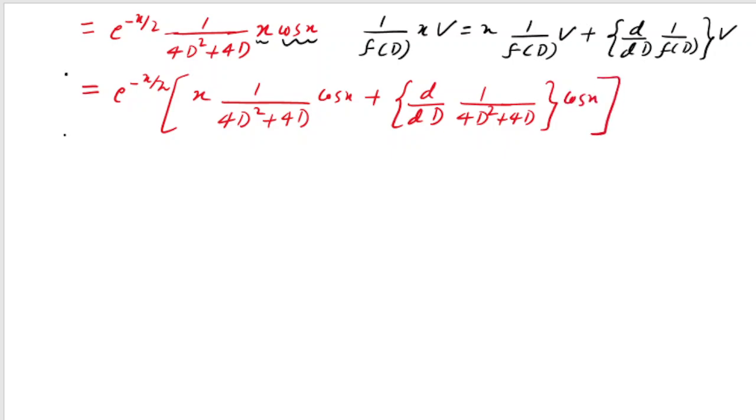Okay, bracket is closed. Continuing, I will get e to the power minus x by 2, and x is as such, D square.